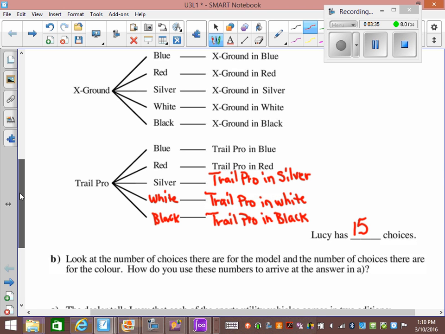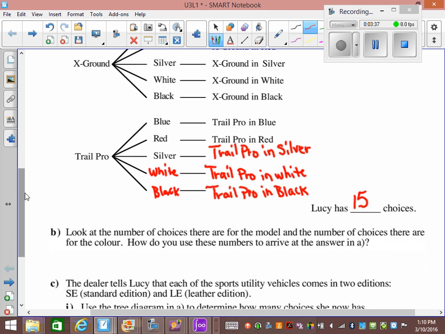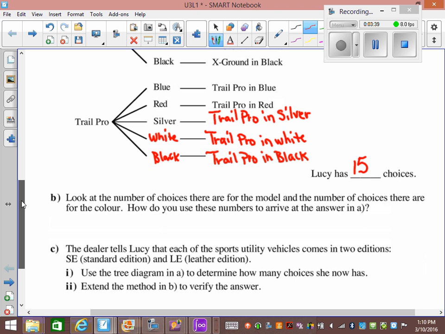So there's got to be a better way, called the fundamental counting principle. So look at the number of choices there are for the model. So how many choices are there for the model? 3. And then how many choices were there for the color? What can we do to these to get our answer? Multiply.